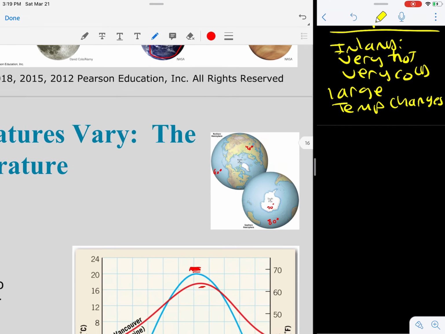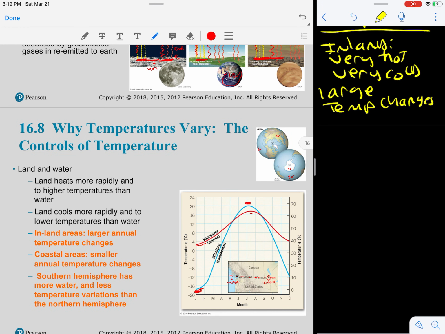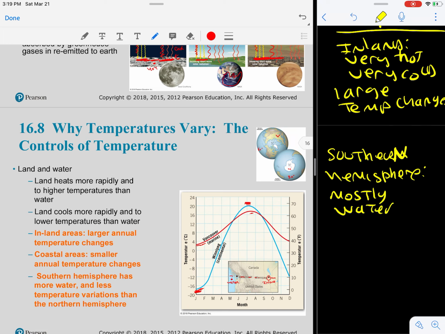The temperatures aren't going to change as much. So in the southern hemisphere, since it's mostly water, the temperatures are going to be more stable, so it's going to have less temperature variation.